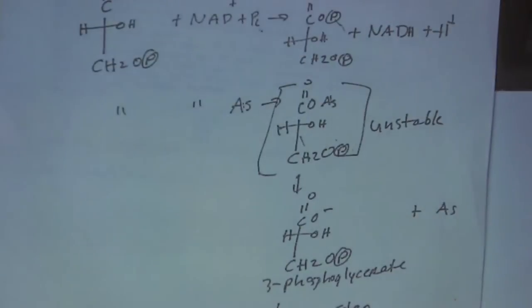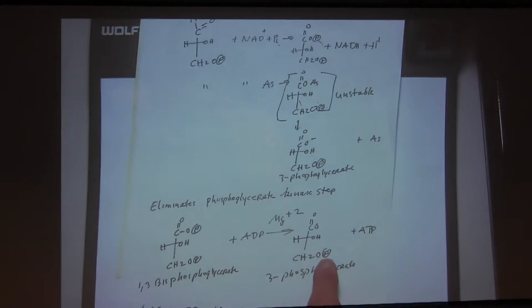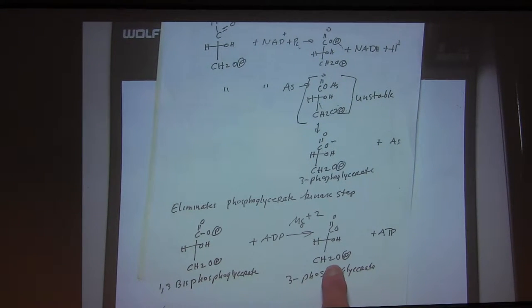Instead of going to this, we're going directly to this, and you don't get anything. So the 2 you put in, we don't get anything back. And then the 2 we get at the very end of glycolysis means that you put in 2, you get 2 out, but there's no net ATP. Got it?